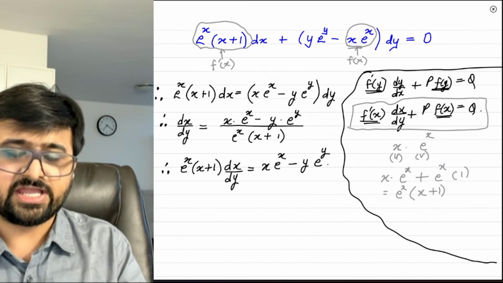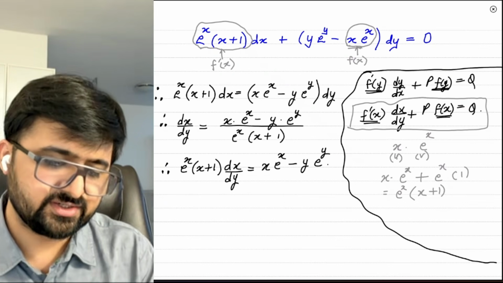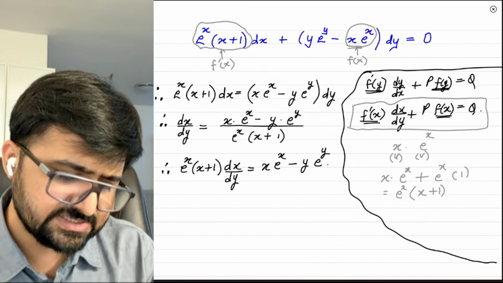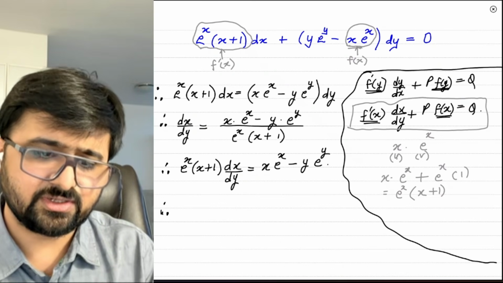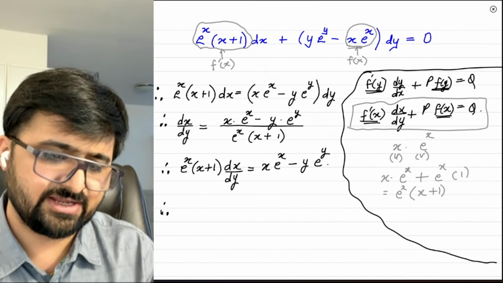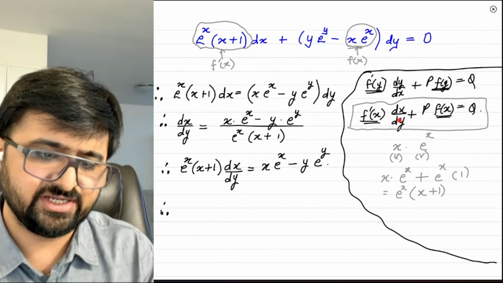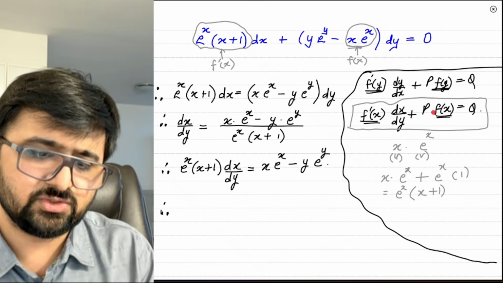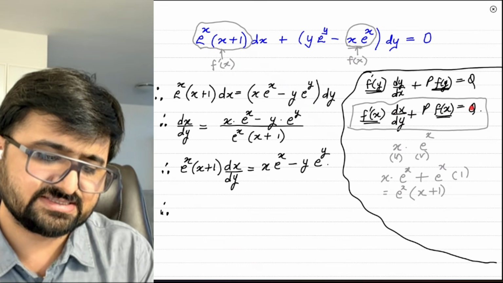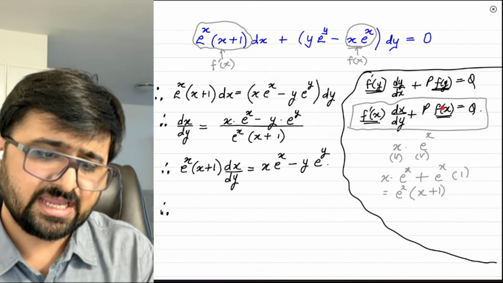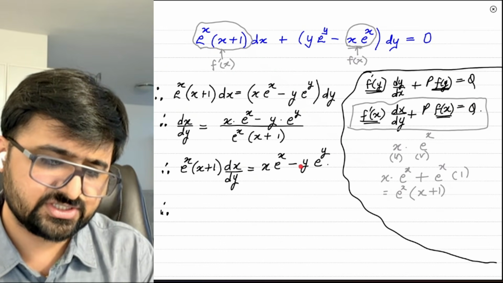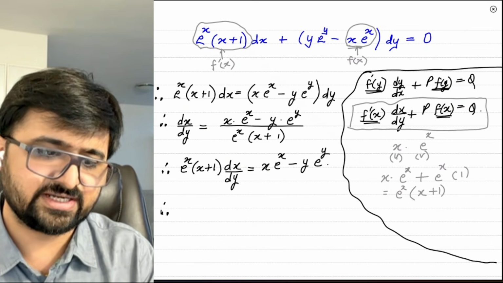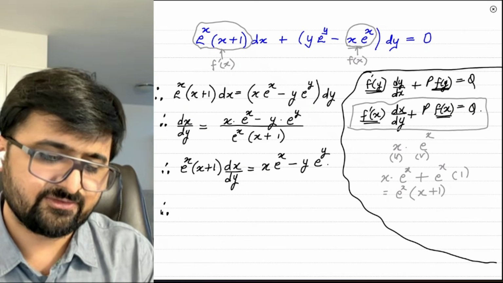I hope it's making sense so far. I'm just trying to convert it to this type. So I have f dash x dx by dy. Now I need p into f x is equal to q. f x was x into e raised to x, right? Because this was f x.